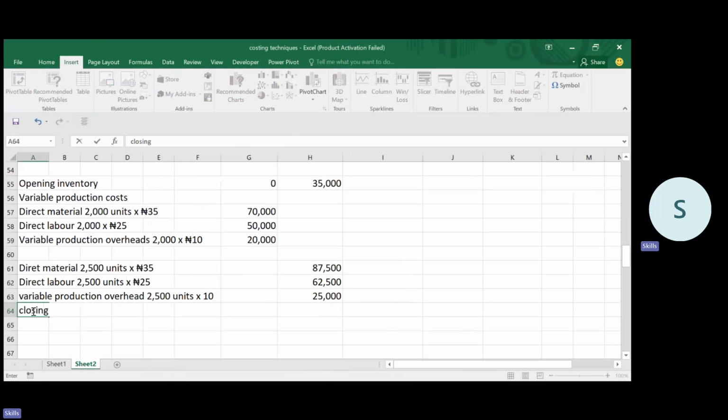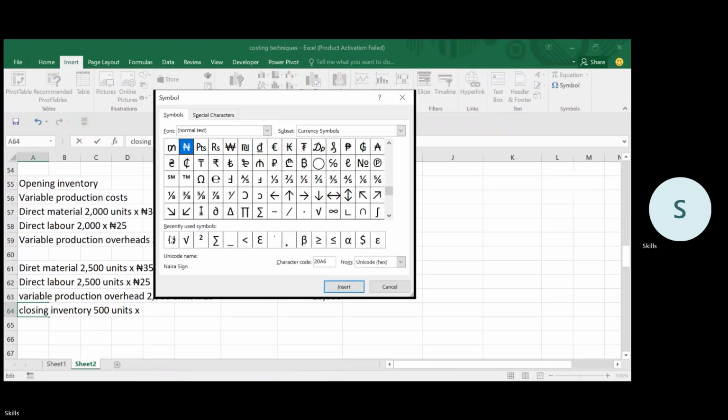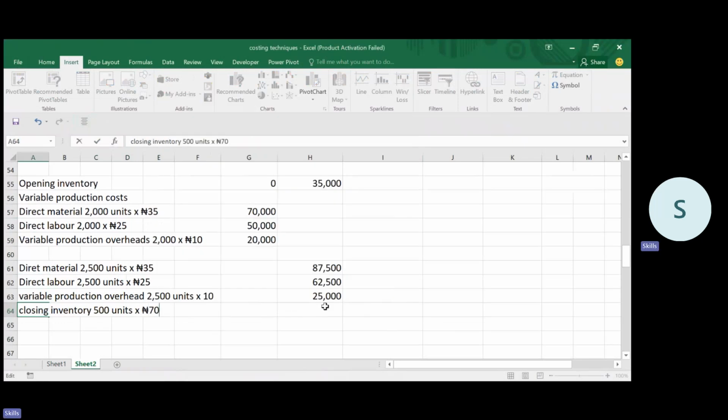So the closing inventory for July is our opening inventory for August, which we determine at 500 units at the price of 70 naira per unit, which is 35,000. So this is our closing inventory.